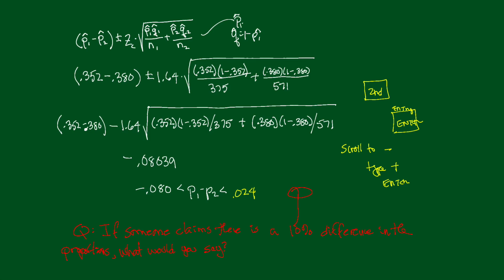You're 90% sure that this interval captures the true difference. A 10% difference is way out here. So we would say, no, we have statistical evidence to show that the difference is not 10%. Here's what I would say: we reject that claim, as we have statistical evidence that the difference is less than 10%.